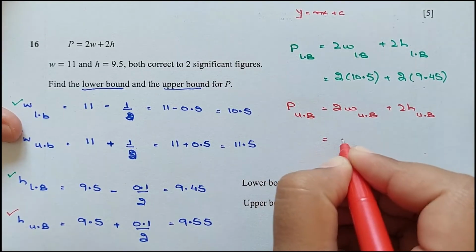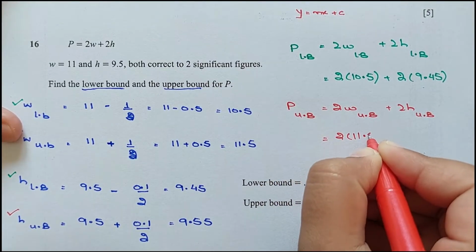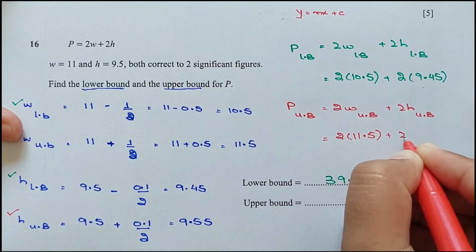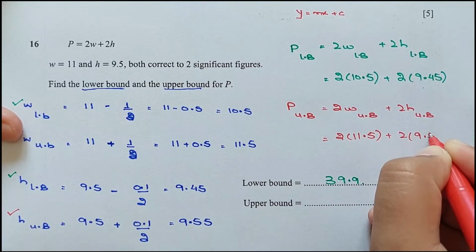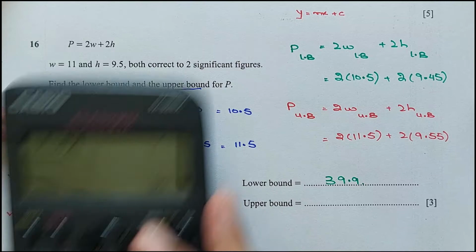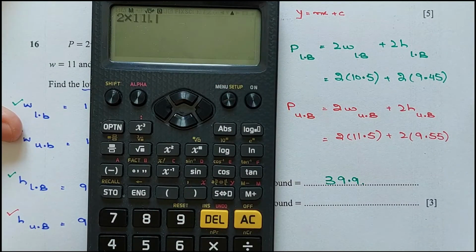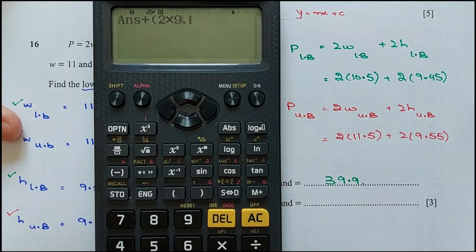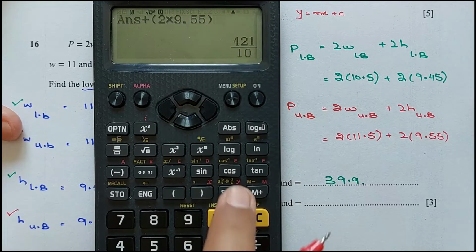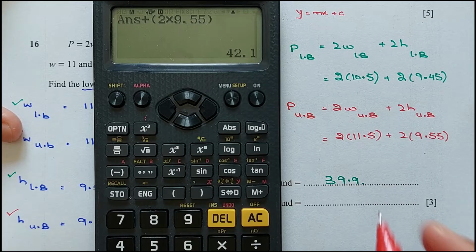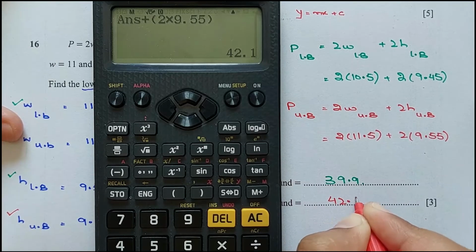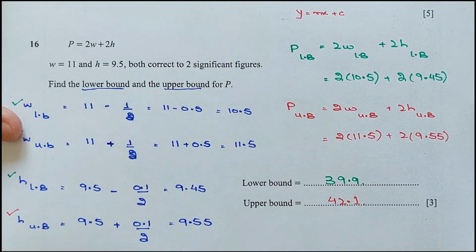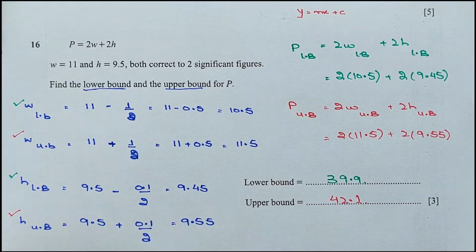Just substitute the values. 2 into 11.5 plus 2 into 9.55. 42.1 is the upper bound for P. I hope this makes sense now.